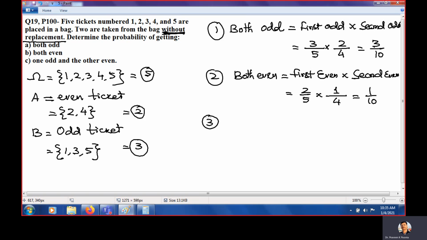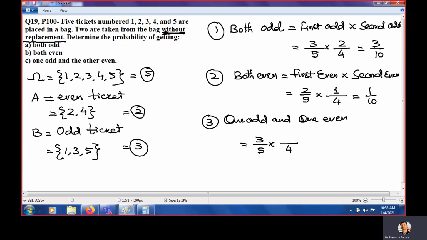Now question number 3. One odd and the other even. So one odd, what is the probability of one odd? The probability of one odd is 3 upon 5 into, because 1 ticket we have already drawn, so how many remaining? 4 remaining.